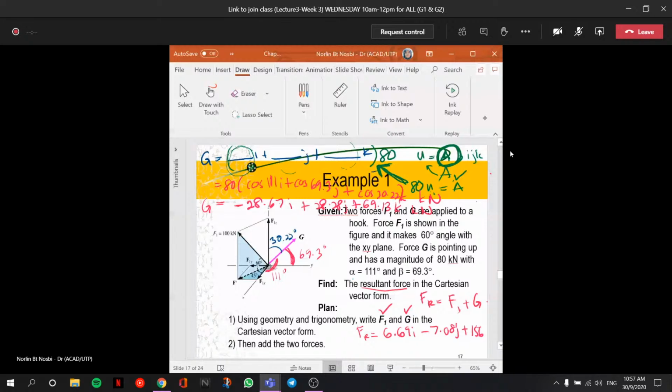This one you know the position, but how about the magnitude? This one is just a position or the coordinate. You can find the magnitude.